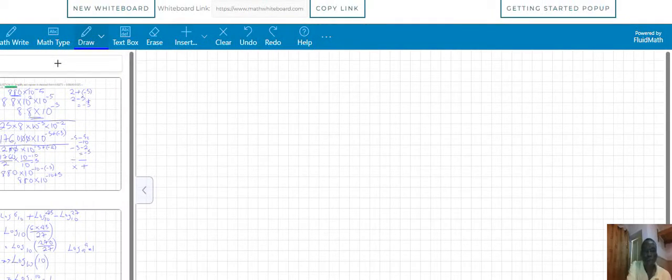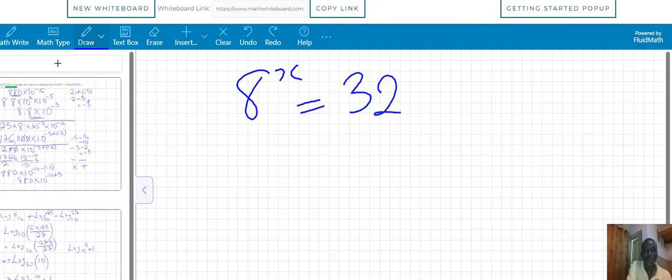We are asked to solve. Whenever you are asked to solve, it means you are asked to find the final solution. We are given 8^x equals 32. Two things I tell my students whenever you are given this kind of question: the first thing you should ask yourself is, what can I raise to a power that can give me an equal base or equal power? In this indicial equation, you need equal bases to cut the base, or equal powers to cut the power.